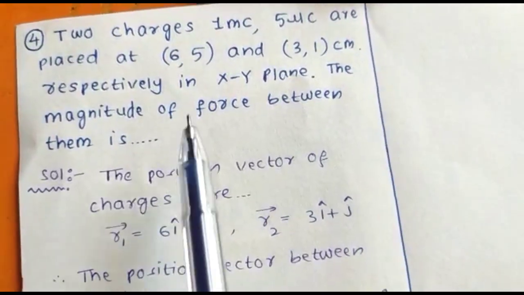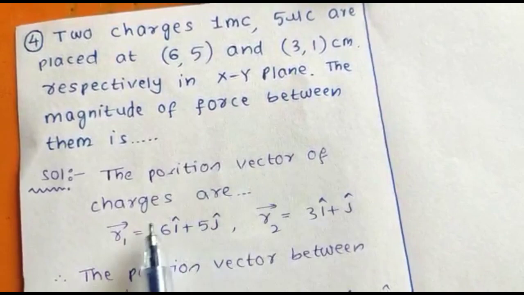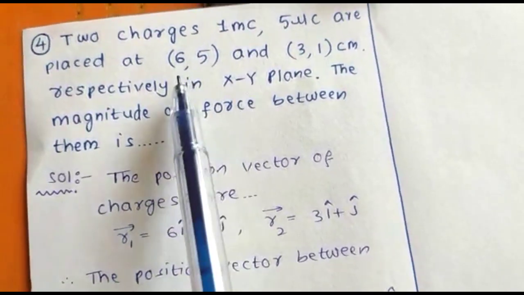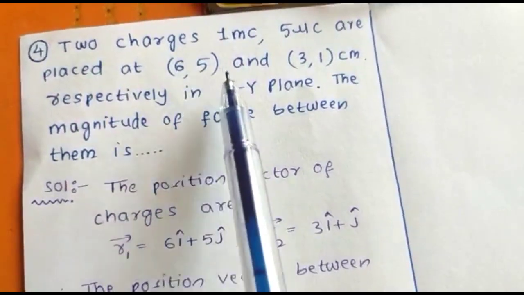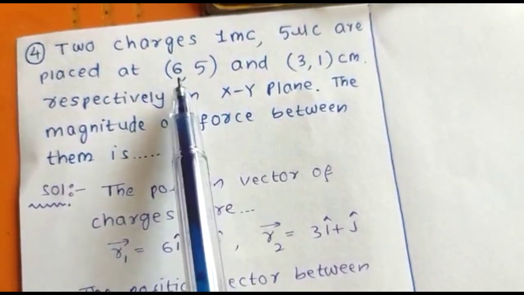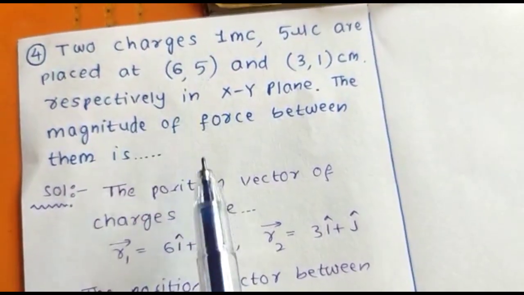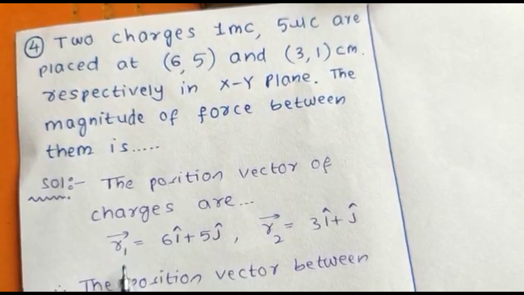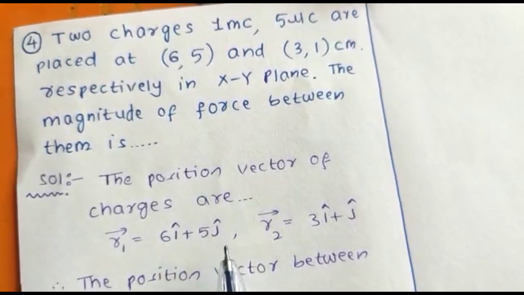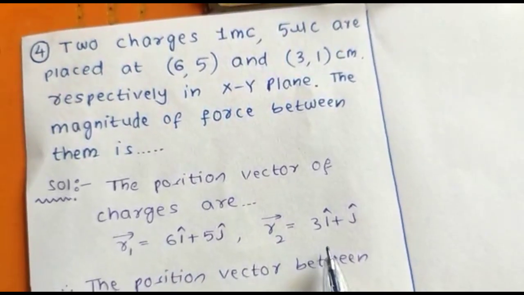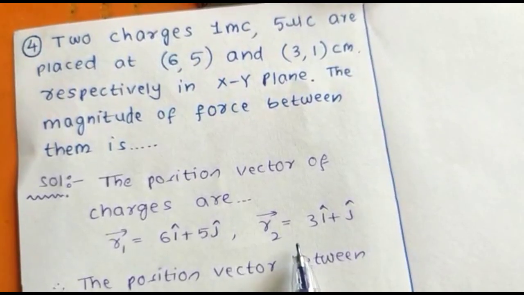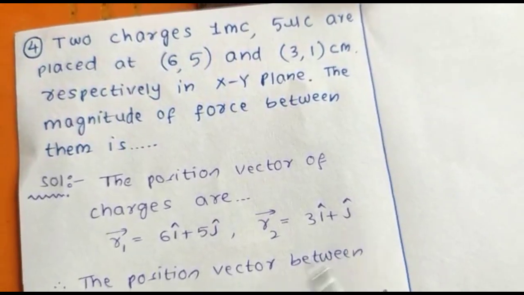Generally, first of all, the given coordinate points are converted into position vectors of the charges. So (6, 5) becomes R1 bar equal to 6 i cap plus 5 j cap, and for the second charge, the position vector R2 bar is equal to 3 i cap plus j cap.